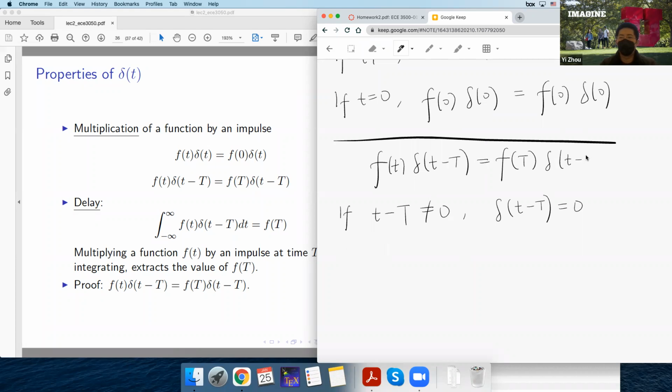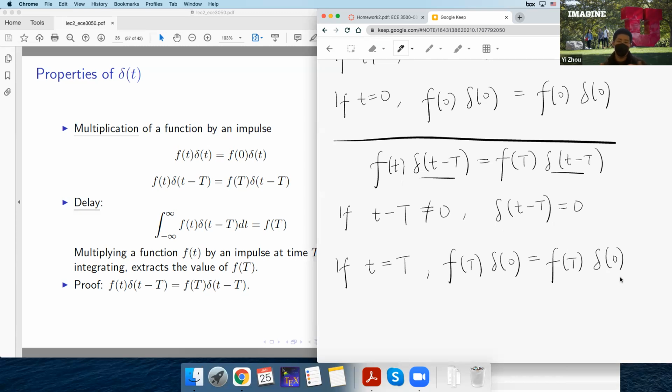Therefore, if small t is not equal to capital T, then this delta is always 0. So this equation always holds. Now, if t equals capital T, the left-hand side is f(T) delta(0), right? And the right-hand side is f(T) delta(0). So again, they are equivalent.